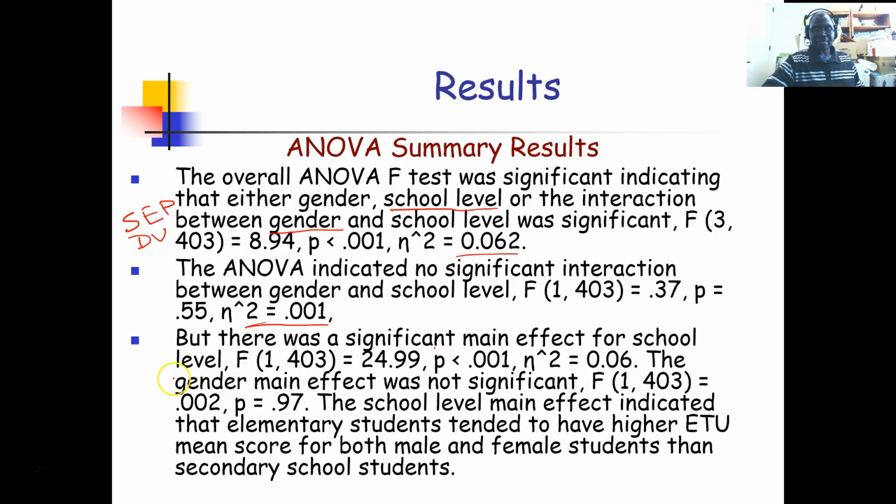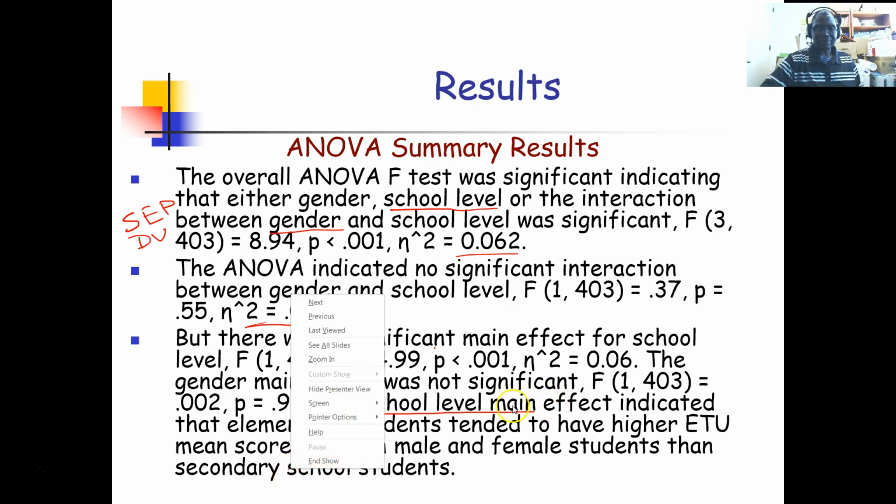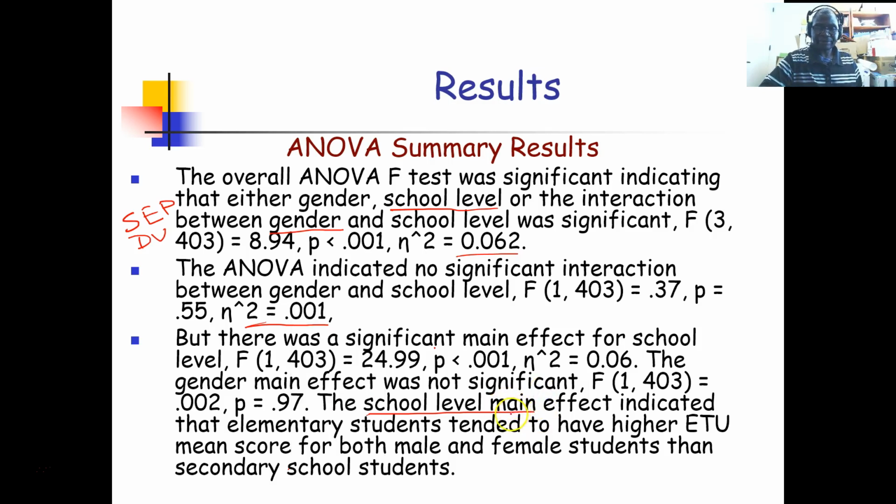We look at the main effects, gender, and we also look at the school level main effect. And here, only the school level main effect indicated a significant mean difference between elementary school and high school.